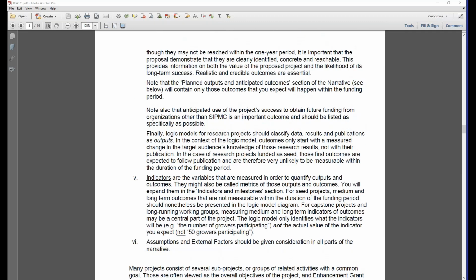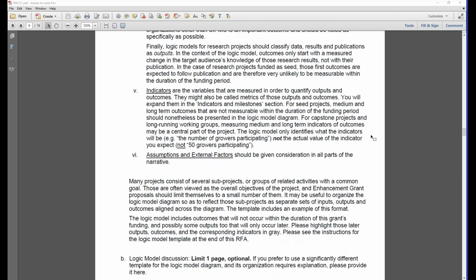Now, in terms of reporting, you will see that indicators are important, and those are simply the things you intend to measure, to report and to keep track of what it is that you're doing and what result it's having.